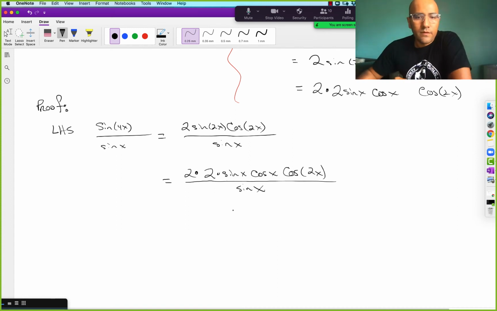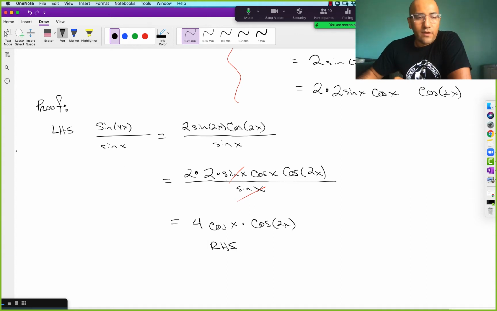Good. Now these sine values cancel, and I'm left with 4 cosine of x times cosine 2x, which is the right-hand side.